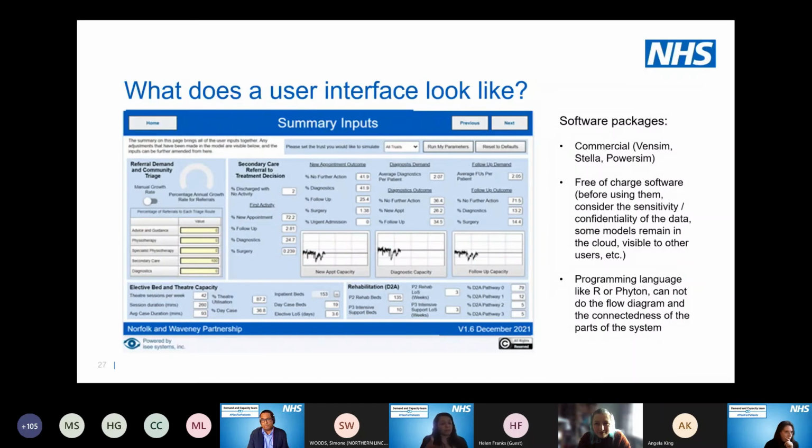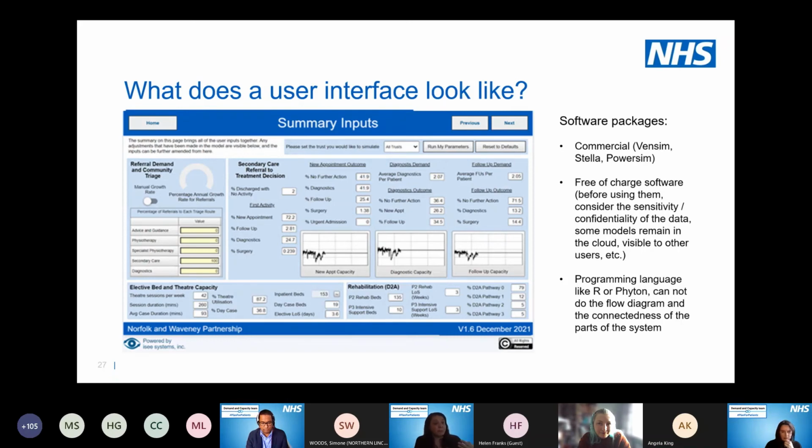You run the model, you get an output for those assumptions, and then you change the assumptions and you run it again, and you can run it as many times as you like. What is important to understand is what those assumptions mean in real life. How are we going to implement that if we want the system to behave in this way, if we want our ICS or our population to achieve this?